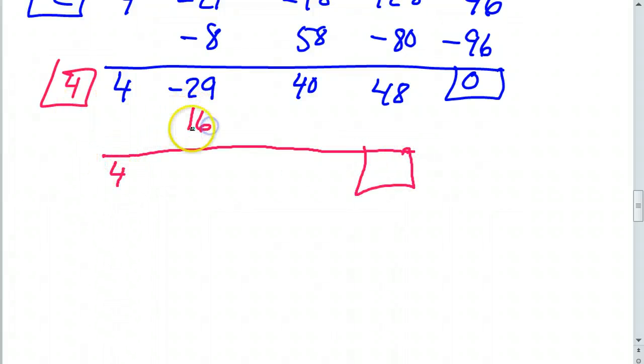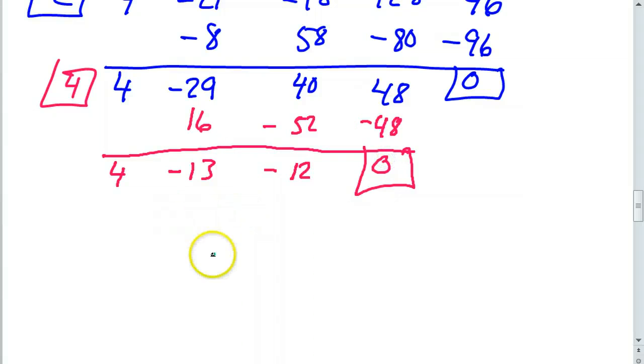That's 16, and that's negative 13, and that's negative 52, and that's negative 12, negative 48. Once we get down to 3 terms, we can either factor it, or worst case scenario, we can use the quadratic formula. Hopefully I won't have to do that.